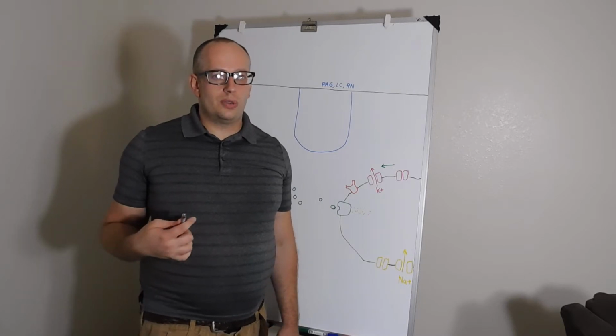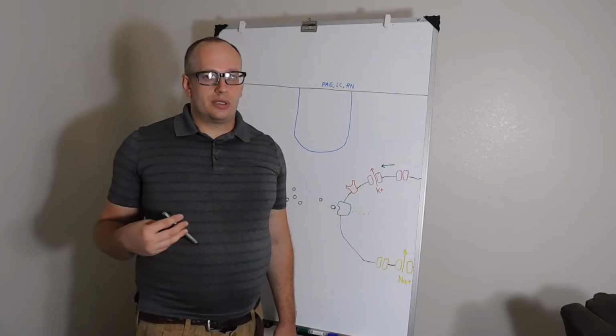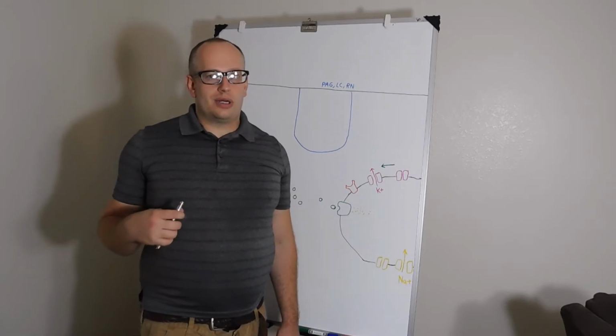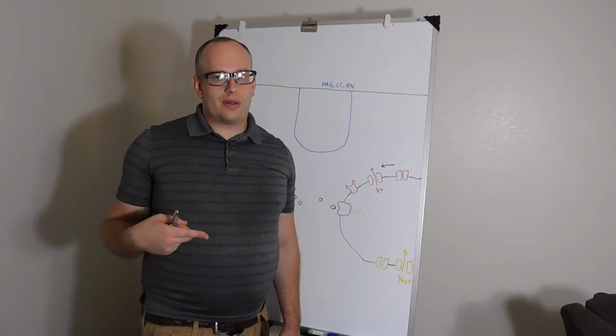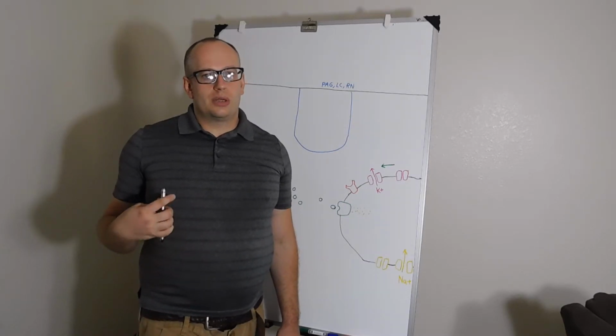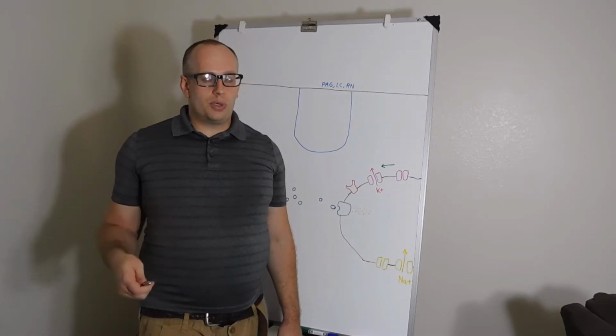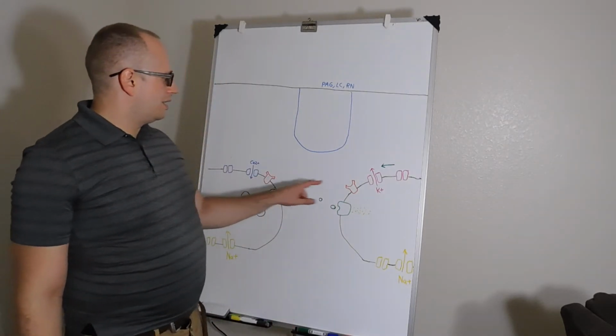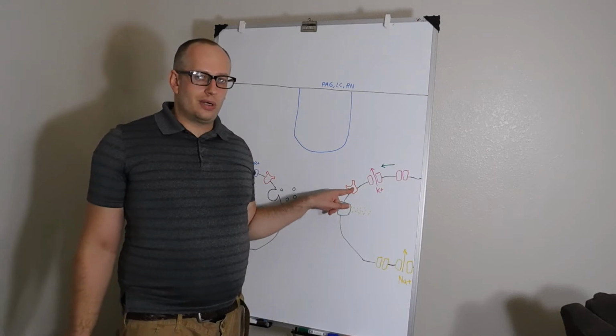Dynorphin binds to kappa opioid receptors, and the other two, enkephalin and beta-endorphin, bind to your mu and delta opioid receptors, which I'm illustrating as this red receptor here.